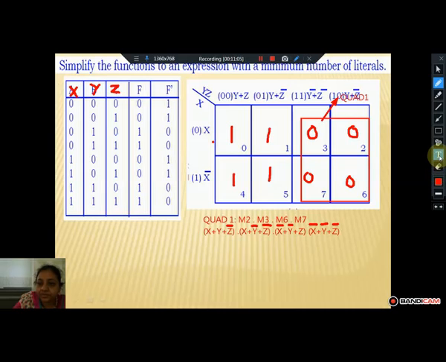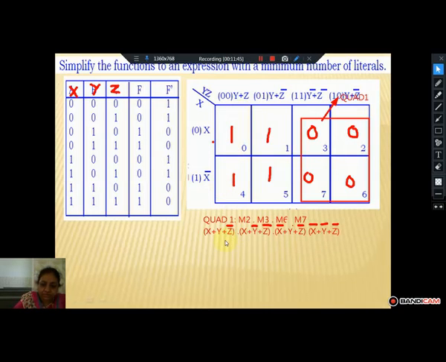Now let's take the common terms. X, X bar, so we can't take X. Y, Y bar, we can't take Y. Z bar is common.